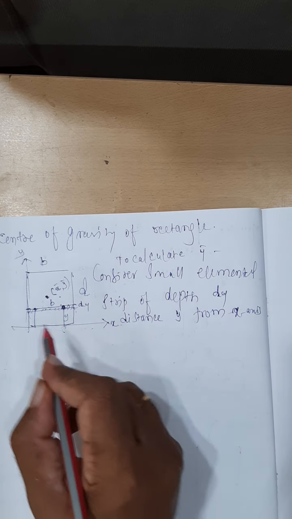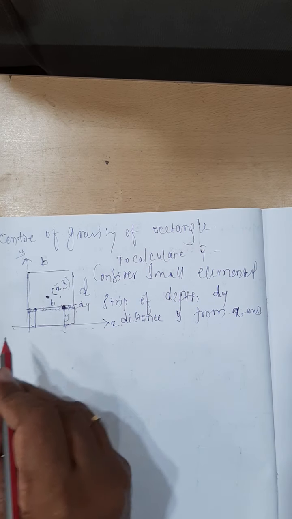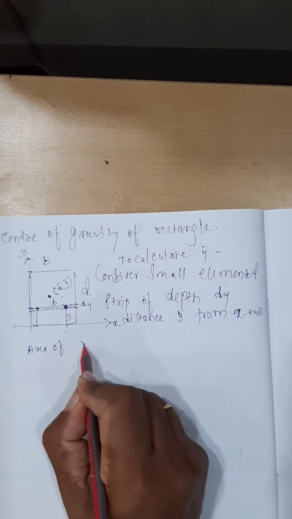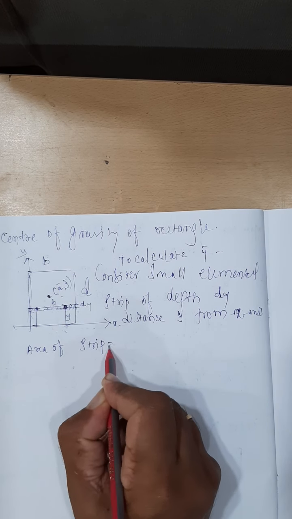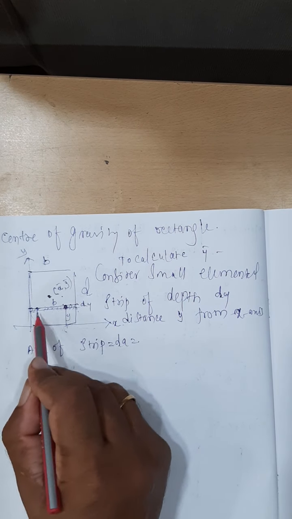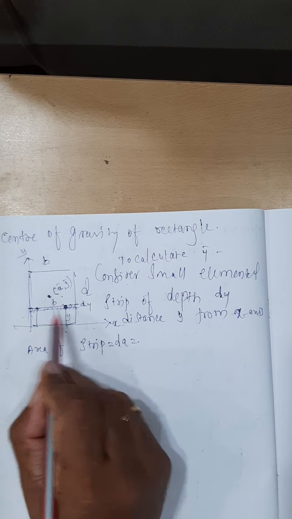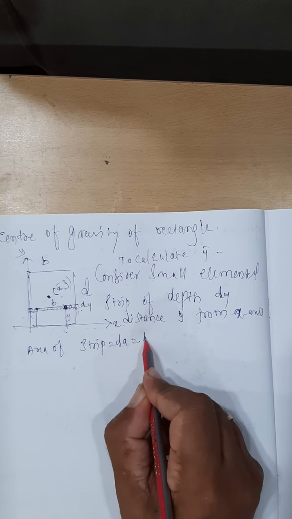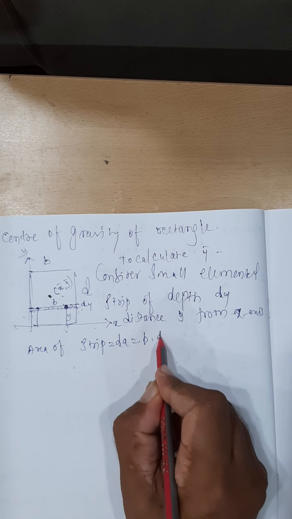Can you tell me what is the area of the small elemental strip? Area of the strip dA is equal to one dimension dy and the other dimension b. Therefore, the area of the strip is b into dy.